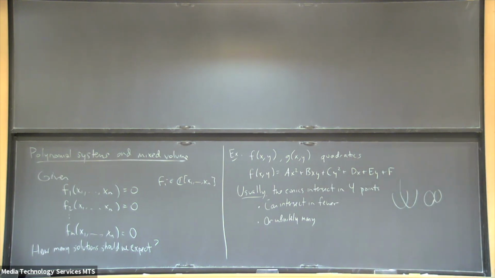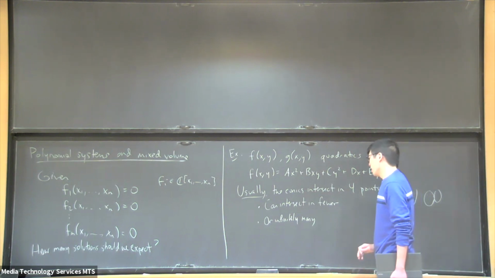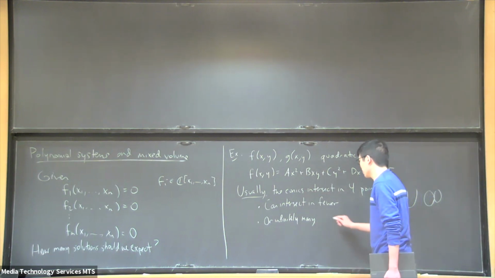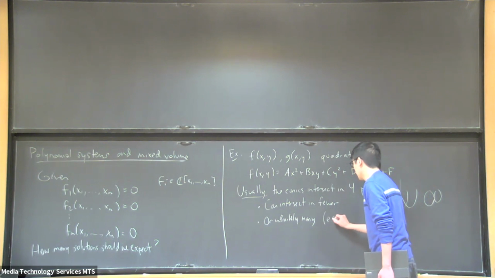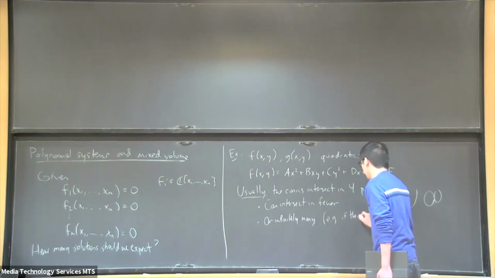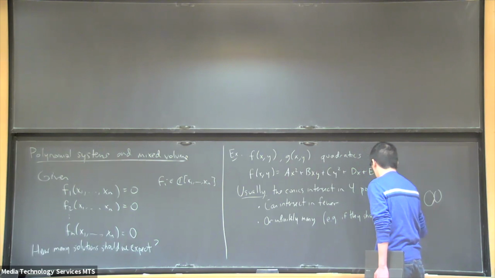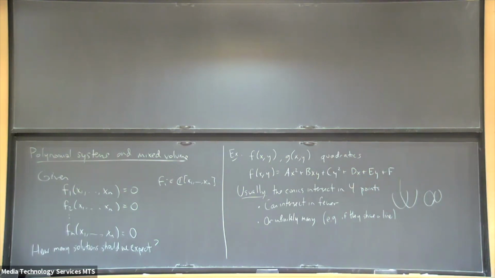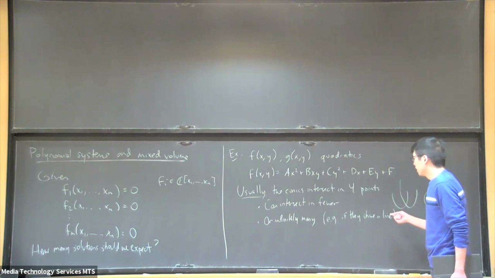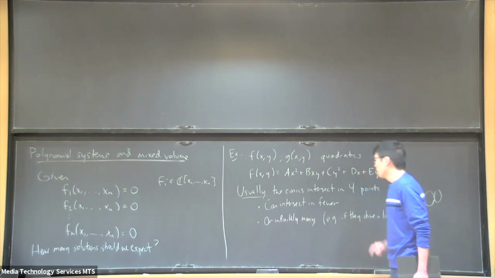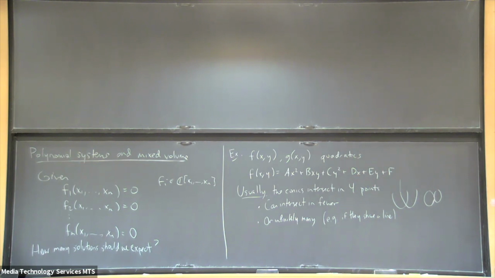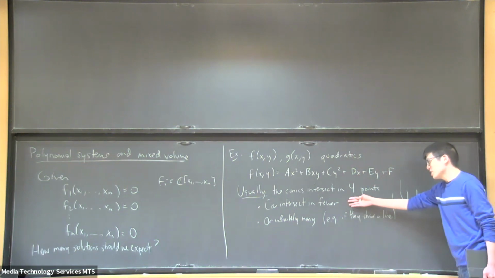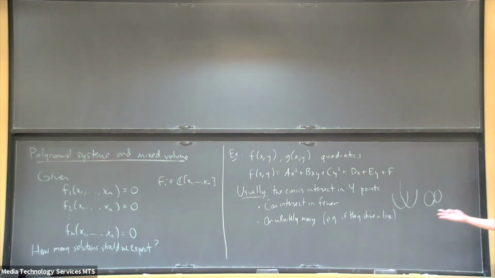Okay, so what was I saying? They can intersect in infinitely many points, for instance if they share a line. But certainly, one can avoid these situations. If they intersect in infinitely many points, these points differ from the other situations in that they are not isolated points of intersection.